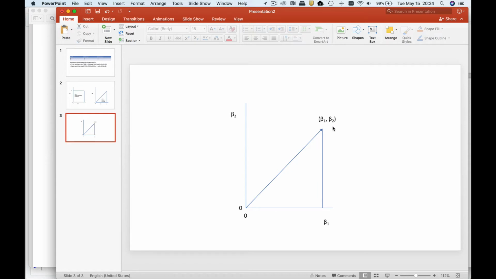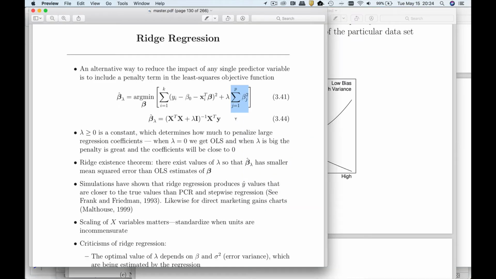Well, we'd use the Pythagorean theorem, right? Which means you would take beta 1 squared plus beta 2 squared. So a squared plus b squared equals c squared. So if I take beta 1 squared plus beta 2 squared, I get the length of this beta vector squared. All right, so that's the way to think about this term. This is the squared length of your slope vector.